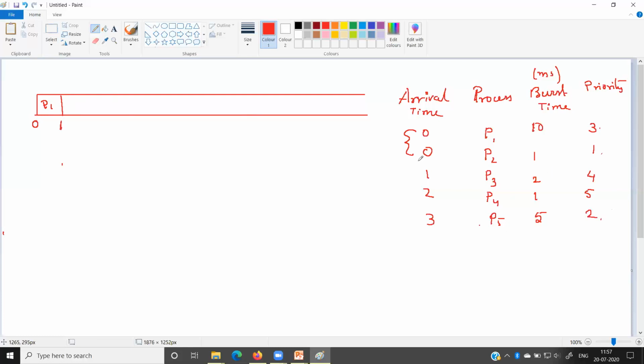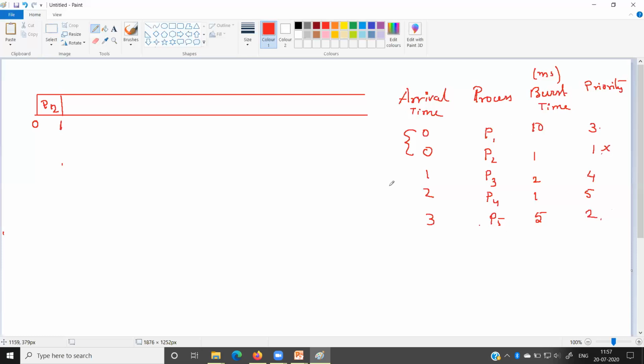After execution of 1 unit of time, sorry, it will be P2, as the burst time of P2 is 1, so it will complete its execution during this 1 unit of time, and P2 will leave the CPU.